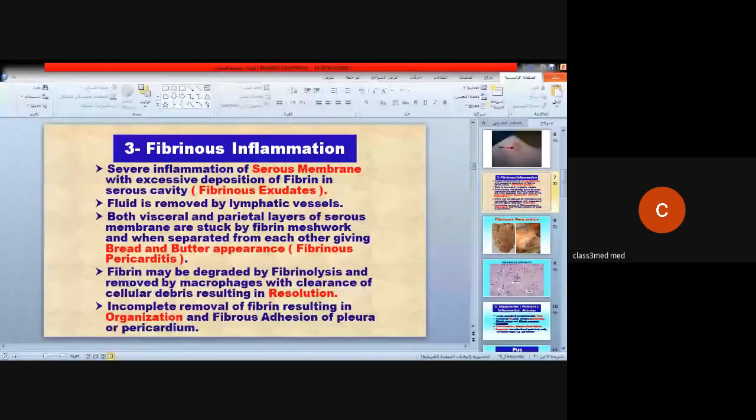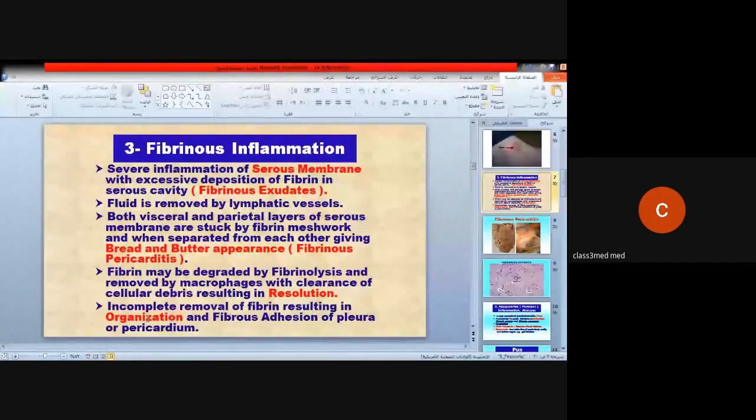But when there is an excessive amount of fibrin, incomplete removal of fibrin results in organization and fibrous adhesion of the pleura or the pericardium. What is the meaning of organization?